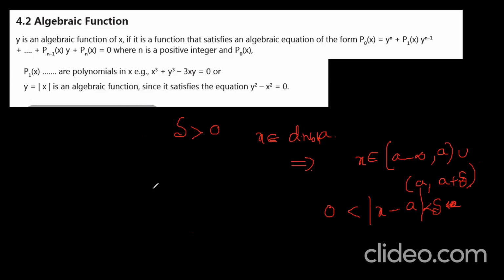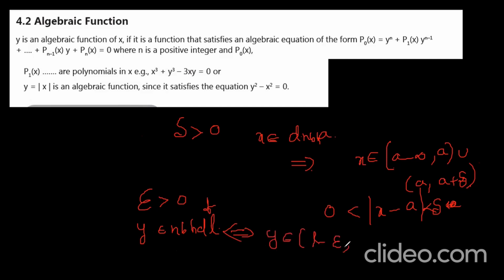In the same way, for any epsilon greater than 0, y is in the epsilon neighborhood of L. How do you say that? y belongs to (L minus epsilon, L plus epsilon), which implies mod y minus L less than epsilon.